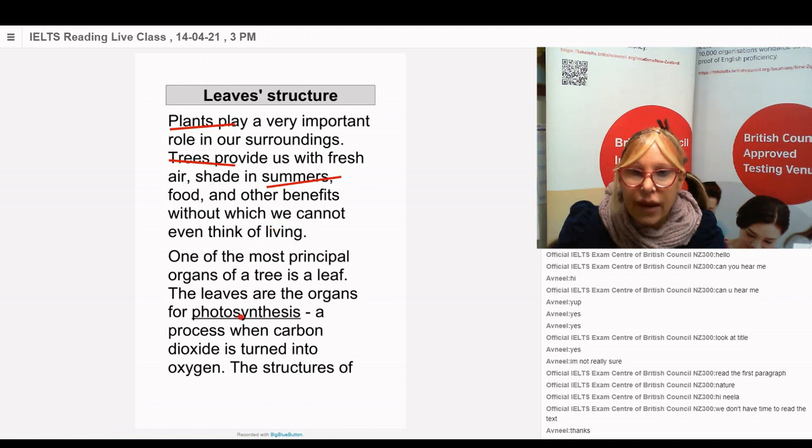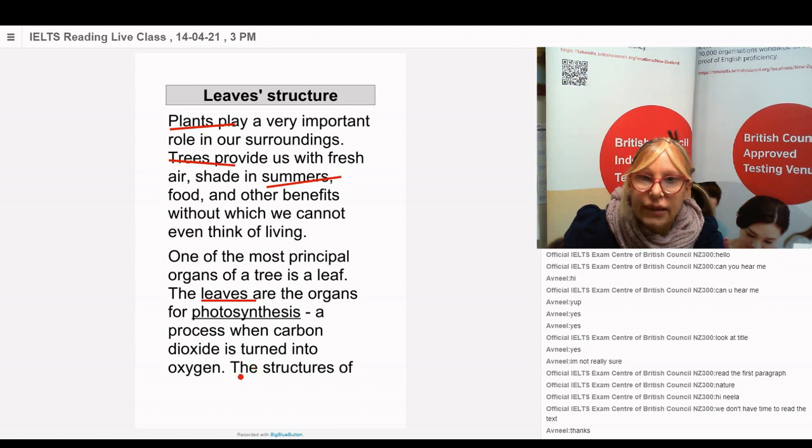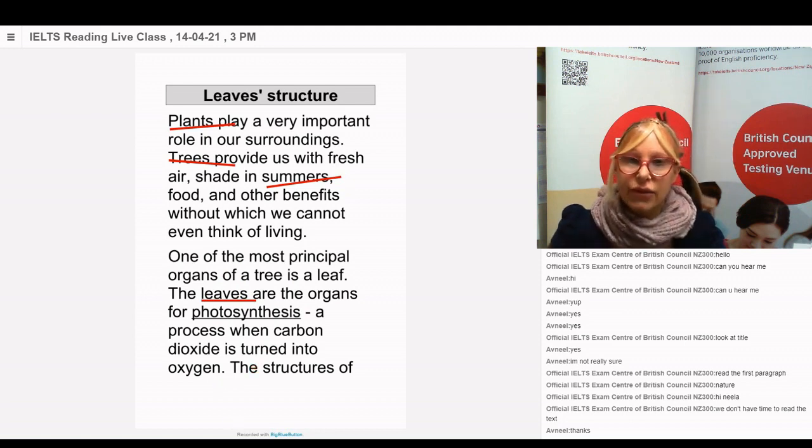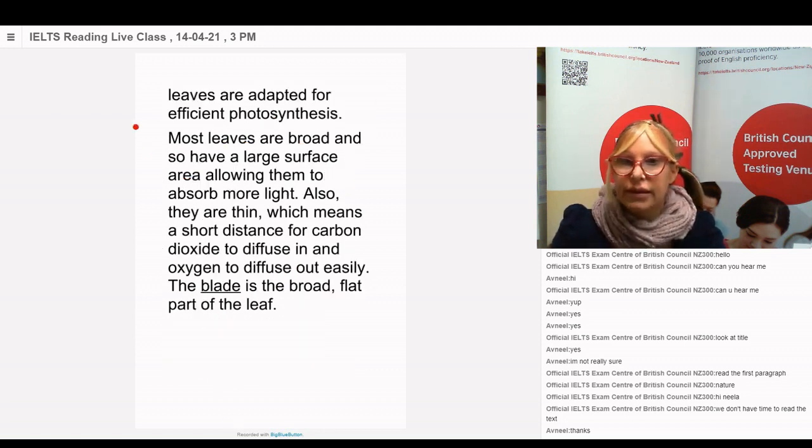So here we have our first introduction to leaves, which is the leaves are the organs for photosynthesis, a process when carbon dioxide is turned into oxygen. Now, the structure of leaves, so here we have leaves again, the structure of leaves are adapted for efficient photosynthesis.